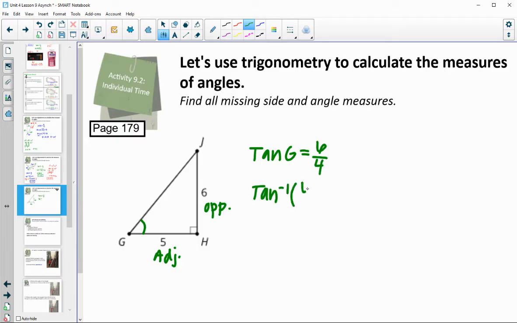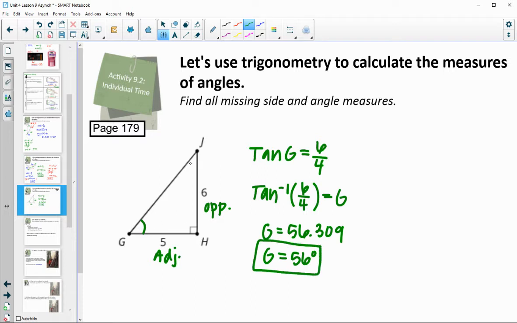So make sure you do the tan inverse of that ratio in your calculator. So 6 divided by 4 is 1.5. And then the tan to the -1 gives you 56.309. So to the nearest degree is 56 degrees.